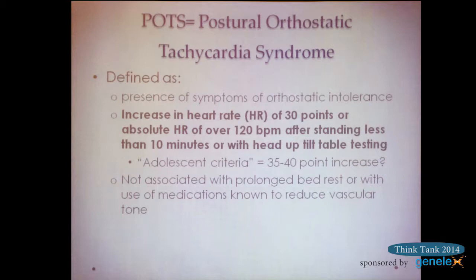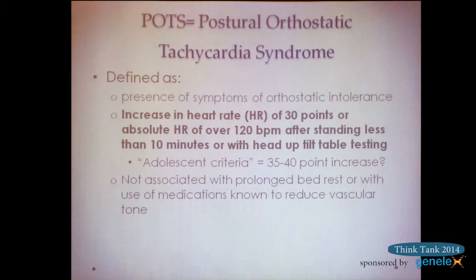The criteria is really an increase in heart rate of 30 points or more, or an absolute heart rate of over 120 beats per minute after standing less than 10 minutes or after head-up tilt table testing. There are some adolescent or younger patient criteria that include a higher heart rate response, a 35 to 40 point increase.